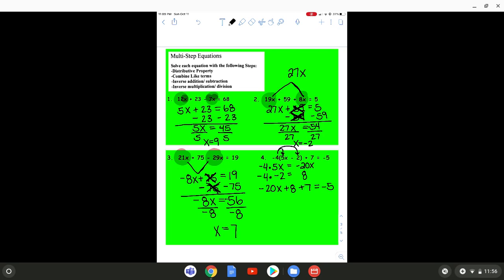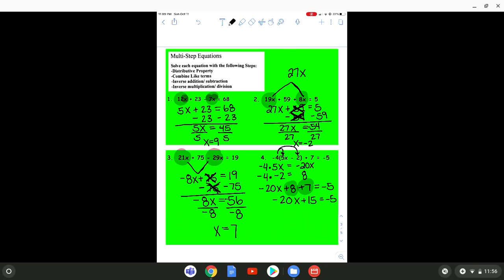So I do have like terms here. They might look a little different than normal, but my two constants, that positive 8 and that positive 7, are actually like terms. So I can combine those together to get negative 20x plus 15 is equal to negative 5.